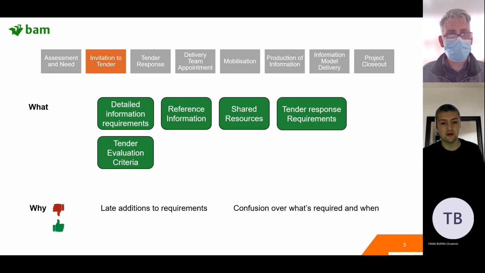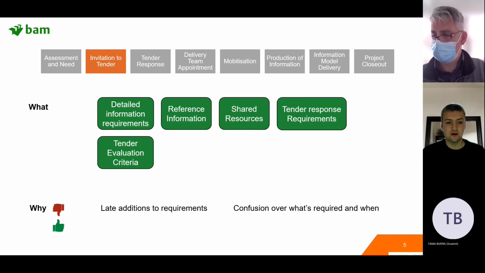Sure, some information you can require late on and it doesn't cost much, but often it does cause you problems. The earlier the information requirements are made known, the less likely it is to incur costs, partly because you've got to think about, is our team even capable of meeting these requirements?